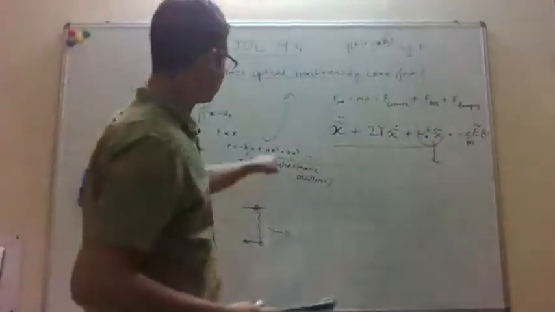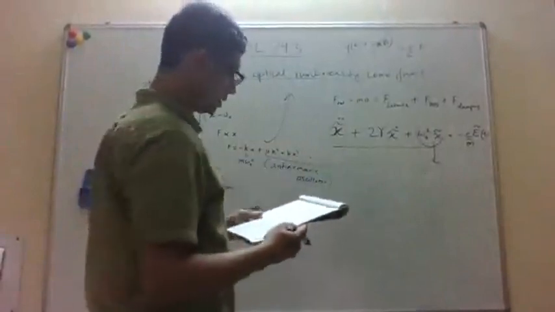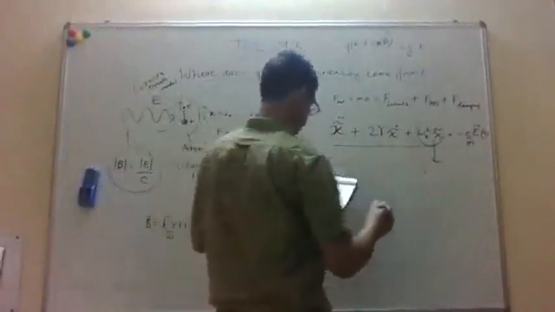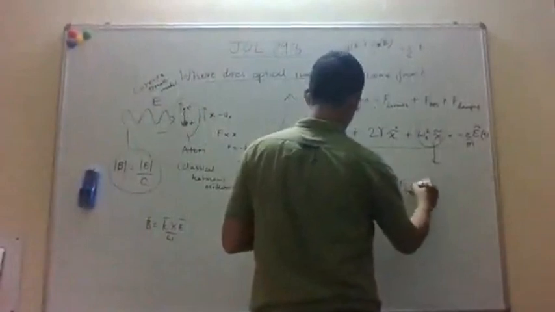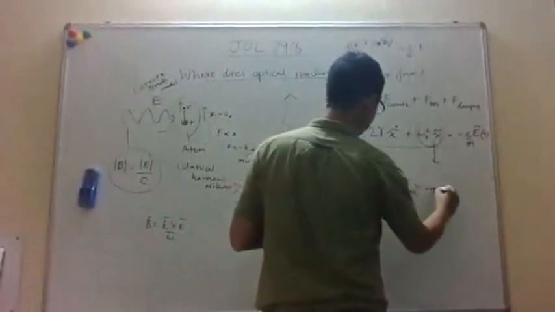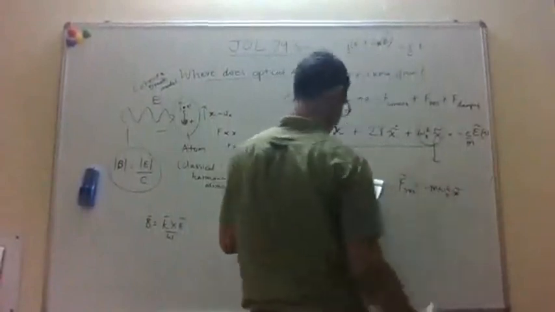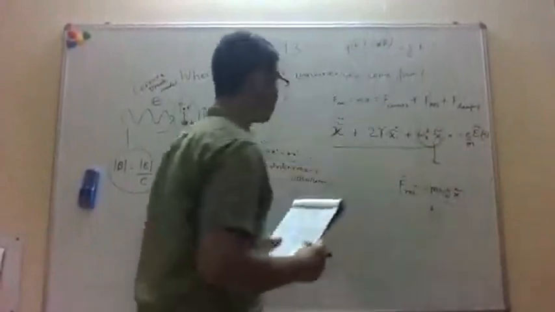But if you include, let's say, higher order terms here, right? So F restoring, I can write as minus m omega naught squared x, that's the linear term. But let's say I include higher order terms.